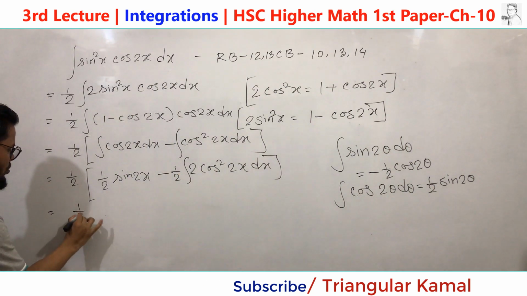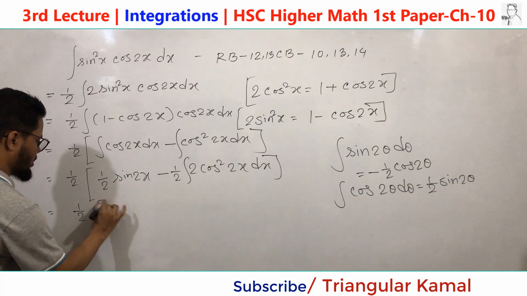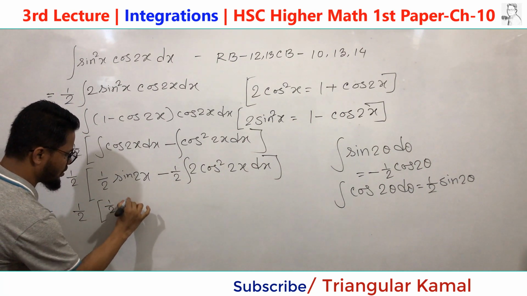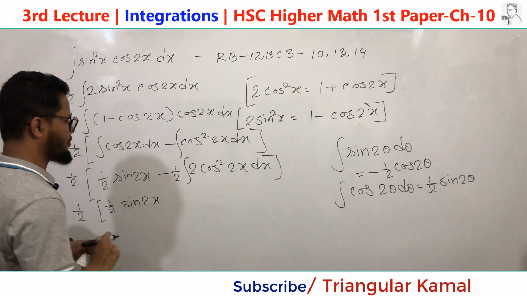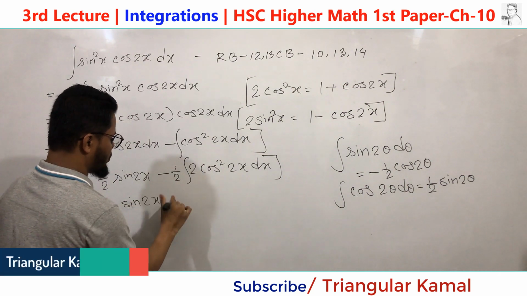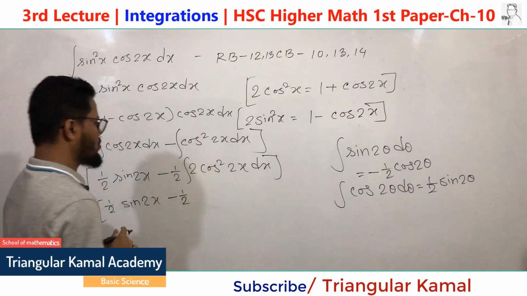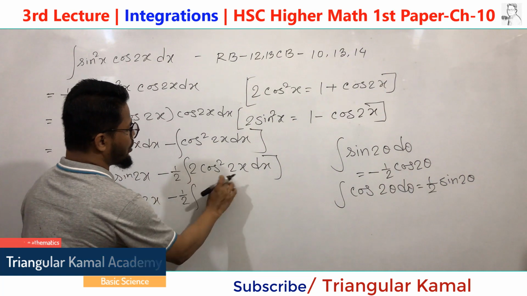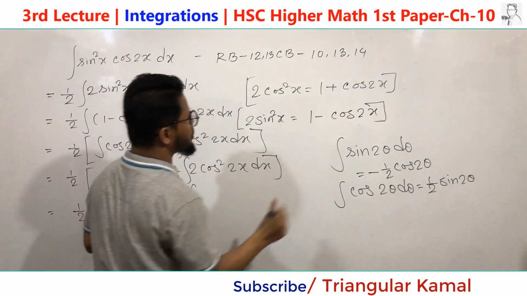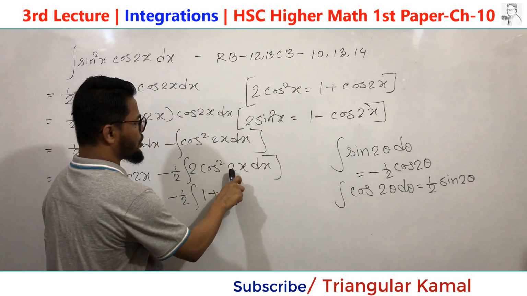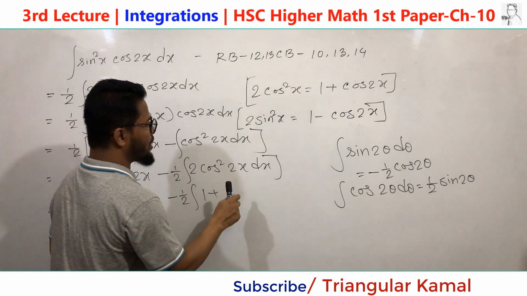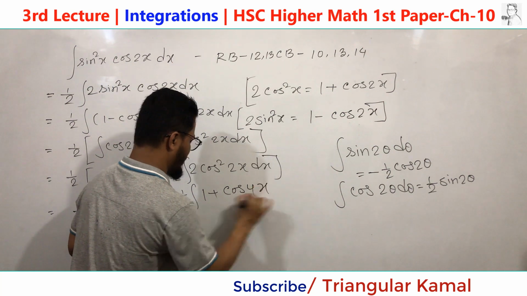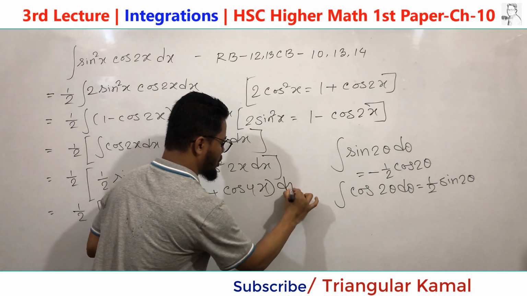So now this is 1 by 2, and this portion is already completed: sin of twice x. Now write 1 by 2 with the integral symbol. Then 2 cos square is 1 plus cos twice x, so 1 plus cos of twice x times twice x gives cos 4 times of x, and this is dx.